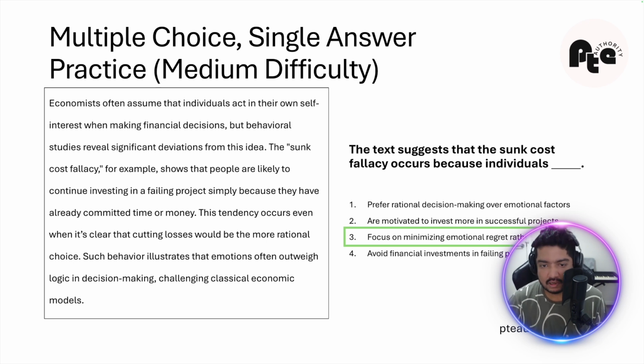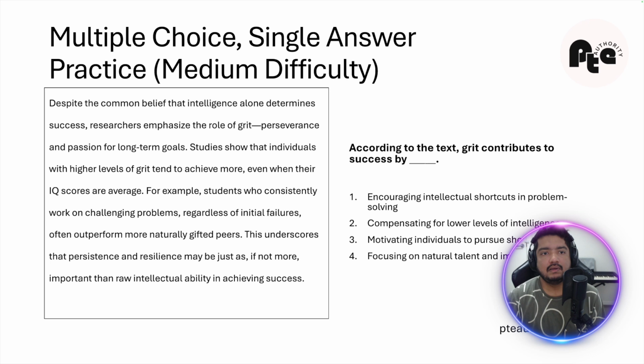I know this is a tough one, but let's continue. Again, take your time, read the question, read the text, and try to answer. Pause the video, and then let's come back and solve this together. Okay, so let's read the question prompt first.